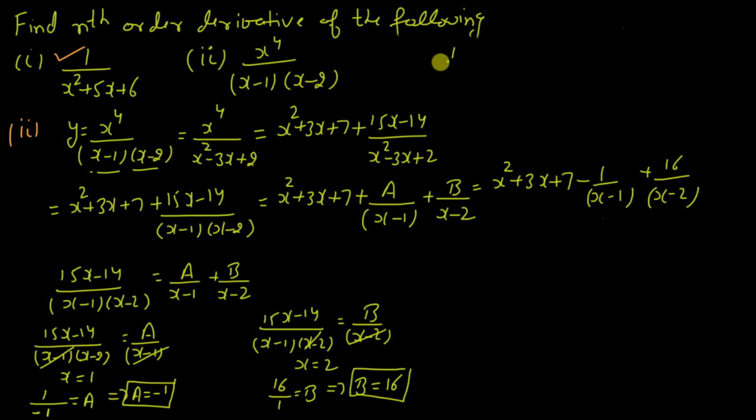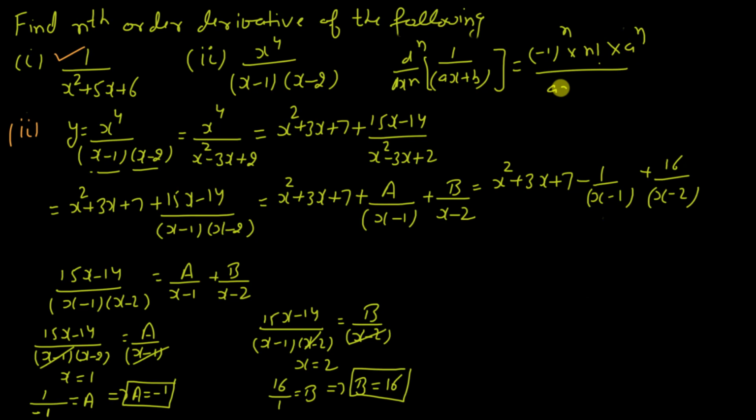Once again you will be writing the nth order differentiation of ax plus b, and we don't need to remember it, you will just carry it out, and in the earlier part I have done it: a raised to the power n by (ax plus b) raised to the power n plus 1.